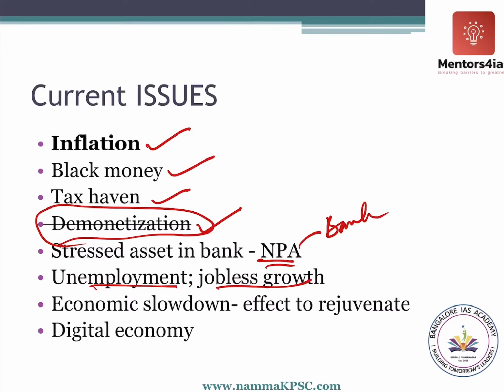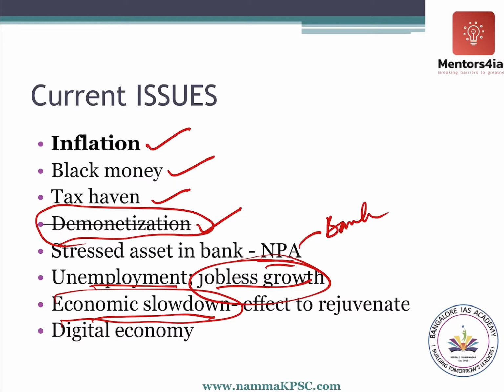Unemployment, jobless growth. Currently India is growing, but it's not creating as many jobs as we expected it to create. This kind of growth is known as jobless growth. Why is it happening? What is the reason? What do we need to do, etc.? We will try to understand. Then economic slowdown, which we are seeing; unfortunately because of COVID-19, the economy is going to slow down further.